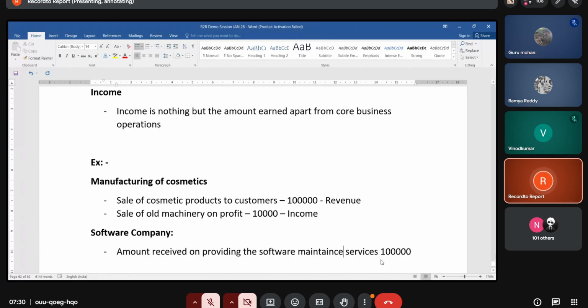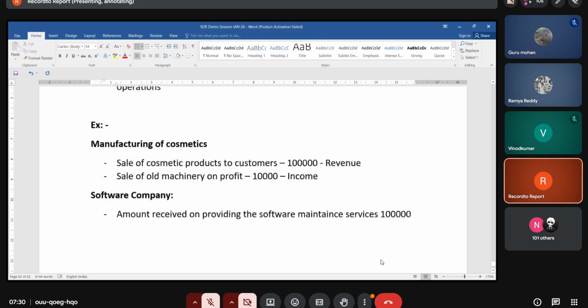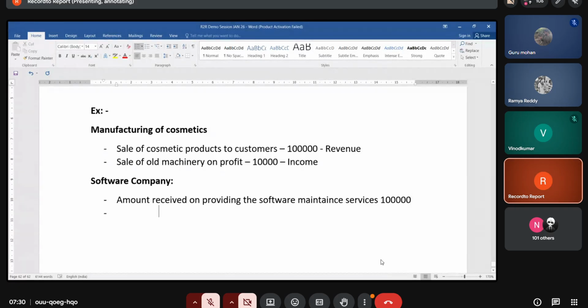My company provided software services for one customer and I received 1 lakh. In another case, I received an amount through bank interest, assume 2,000 rupees. So two amounts have been received. One is through providing the software services.